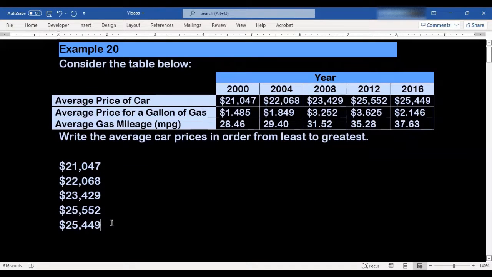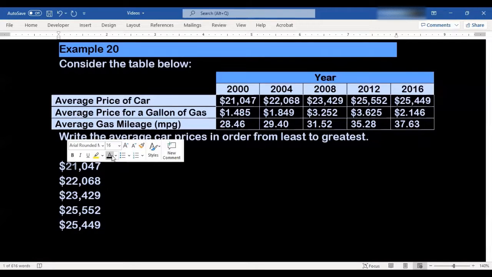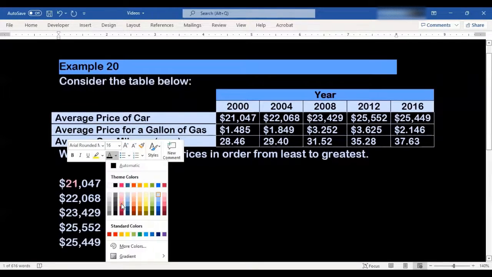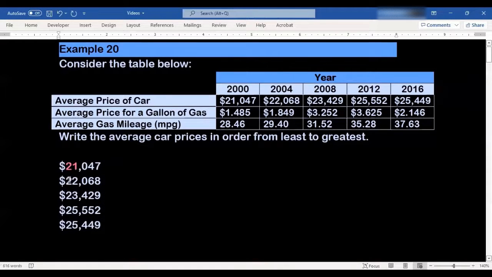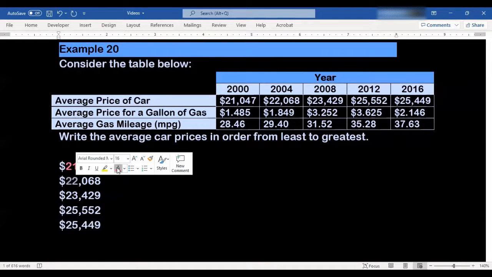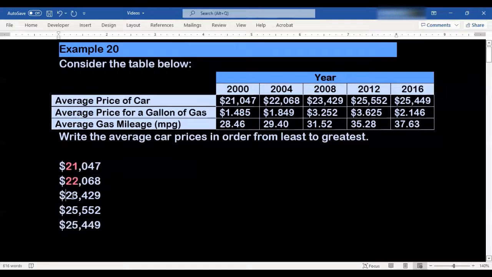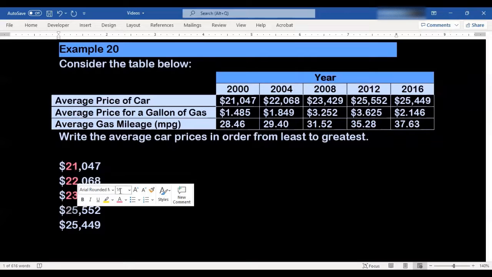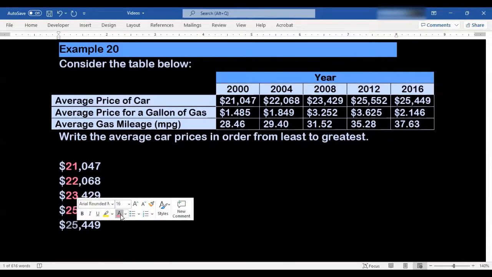With whole numbers, how long a number is gives you an indication of how big it is. So I'm going to think of this 21,000 as maybe like 21, and this 22,000 as just like 22. This makes it a little easier to break down these numbers and think of them as smaller numbers, so I don't have to process as much information.